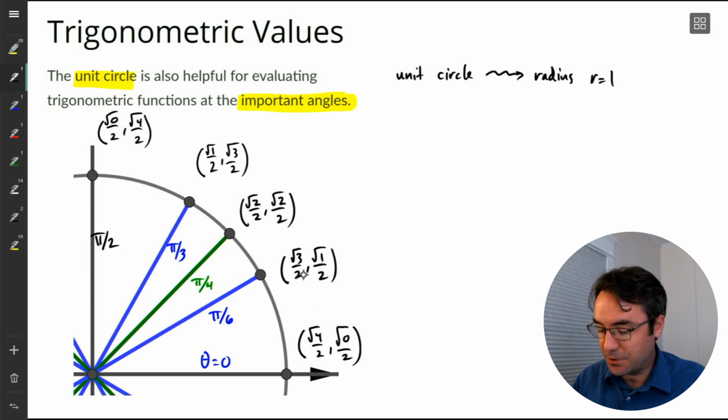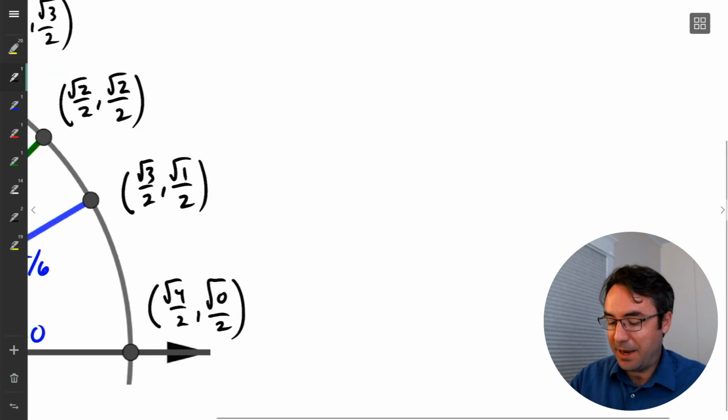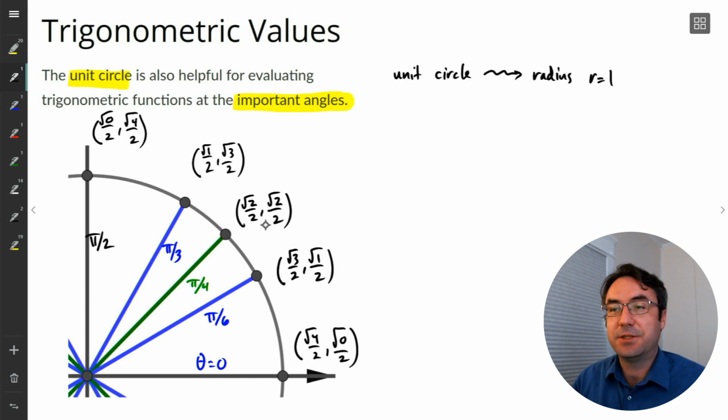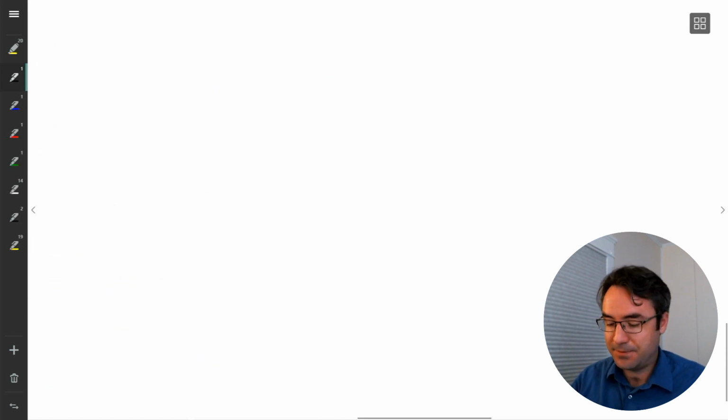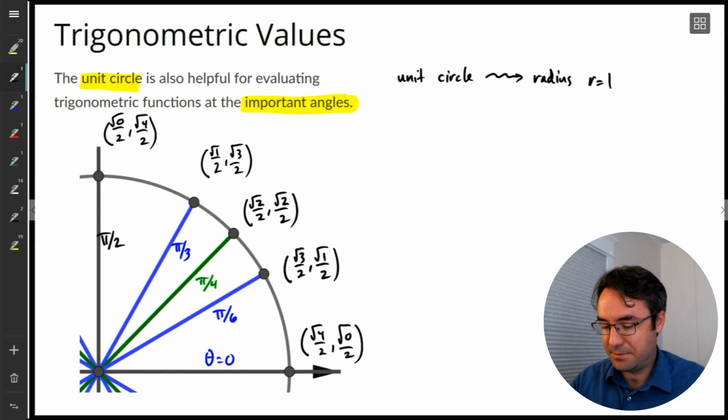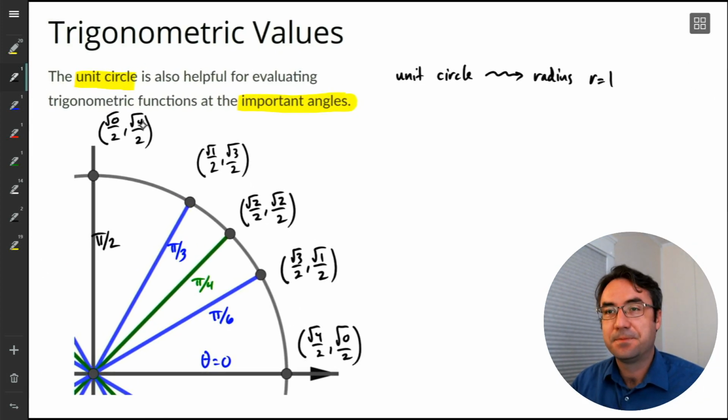So if we look at the first coordinate for each of these, everything is being divided by 2. And then it's square root 4, square root 3, square root 2, square root 1, and square root 0. So we're just working our way down.